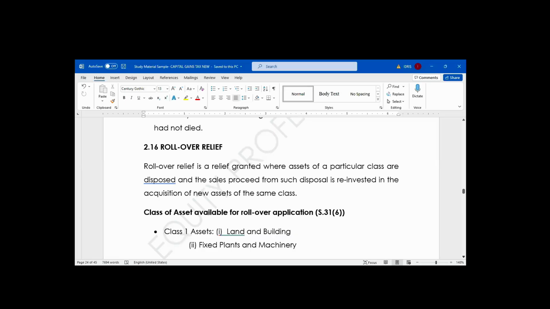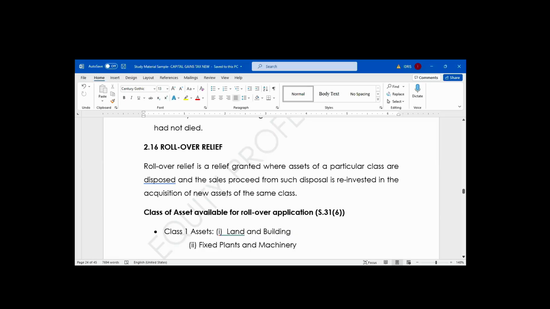Let me repeat myself again. Rollover relief is relief granted where assets of a particular class are what? Are disposed and the sales proceeds from such disposal are reinvested in the acquisition of what? New assets of the same class.